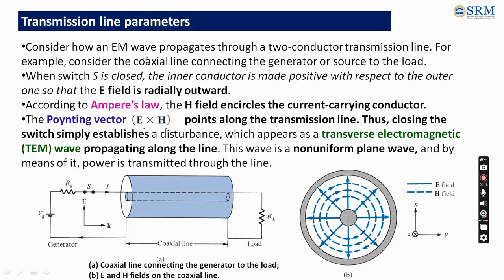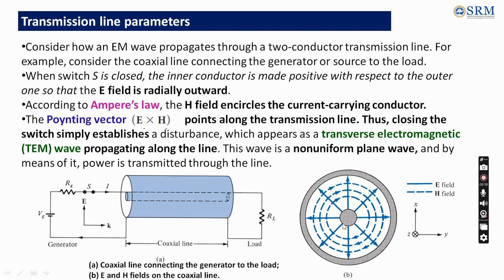Now let us see what mode of wave is getting propagated in a transmission line. To understand that, we are using a coaxial line that is connecting a source to the load, and here the switch is closed. When the switch is closed, the inner conductor is made positive with respect to the outer conductor of the coaxial cable, so that the electric field flows radially from the inner conductor to the outer conductor.